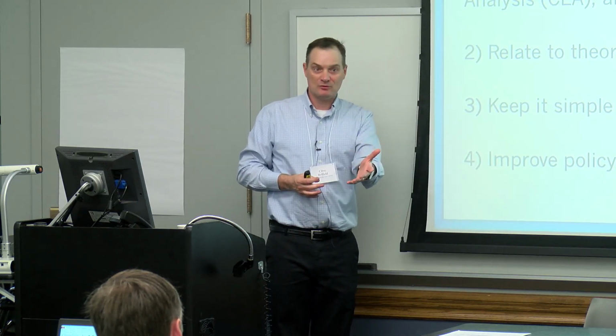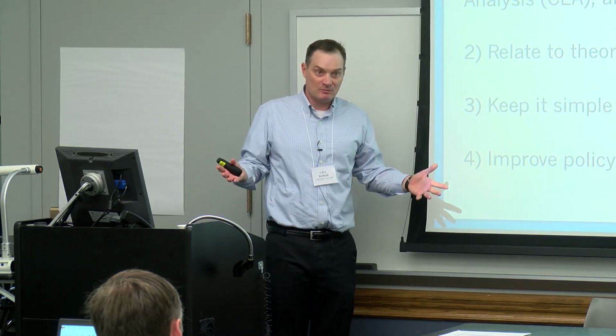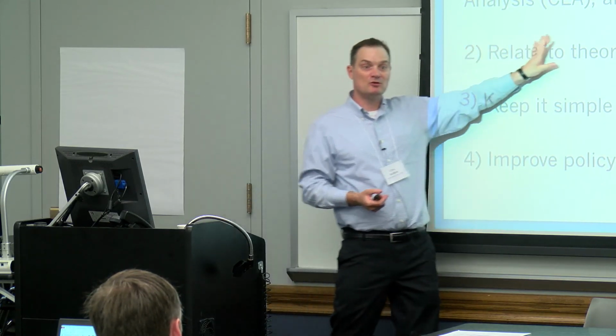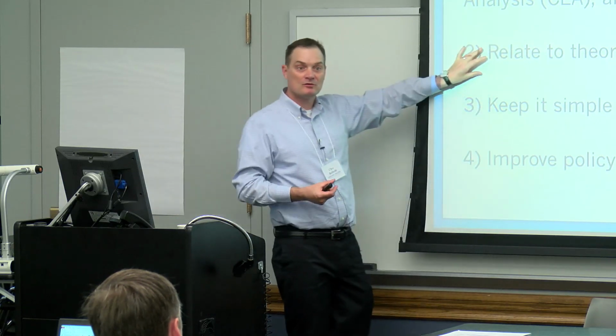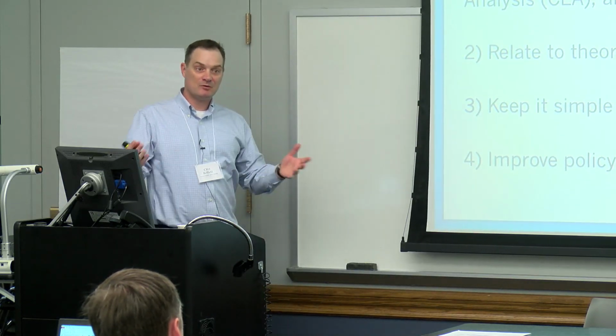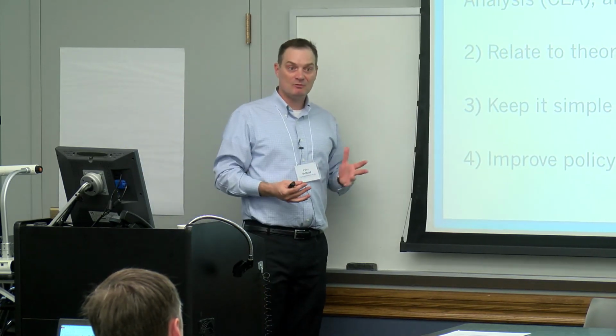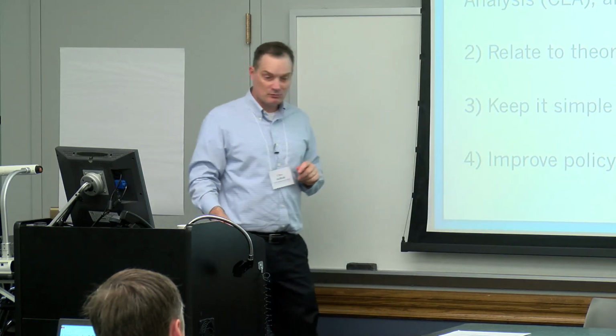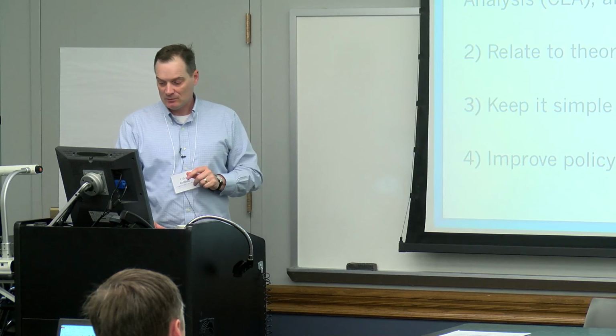So Perry Preschool would have been dead in the water without its effects on the criminal justice system. Well, you better have a good theory of change here for how that works. And you could think about abecedarian as not having the same influence, not having the same theory of change to go through it.